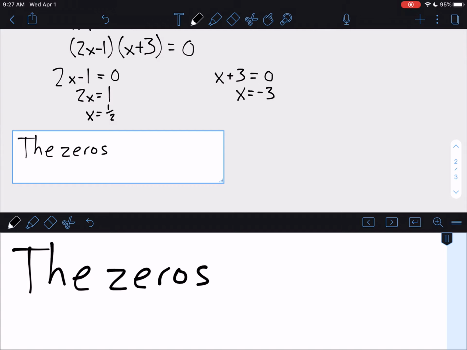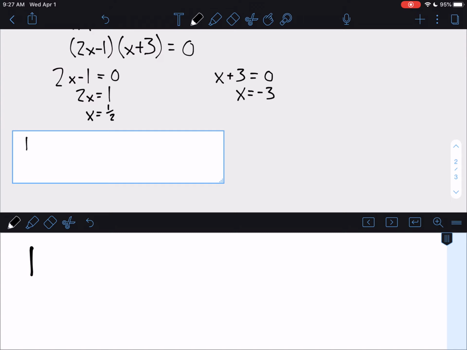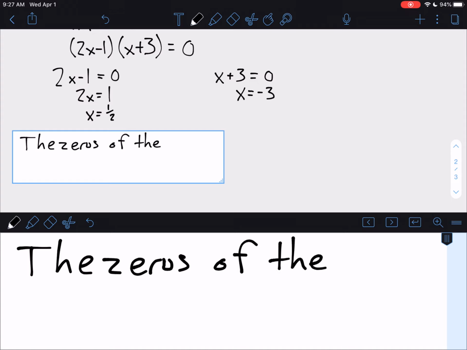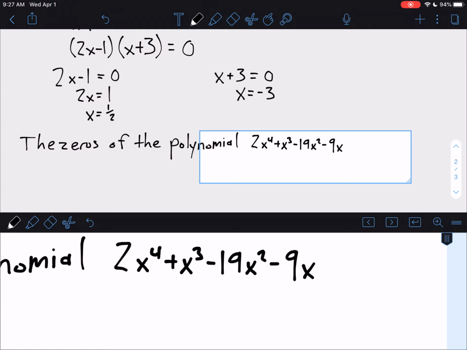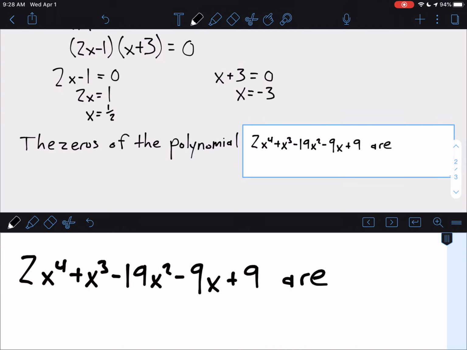So the zeros of the polynomial 2x to the 4th plus x cubed minus 19x squared minus 9x plus 9 are, we said they were -1, 3, -3, and 1/2.